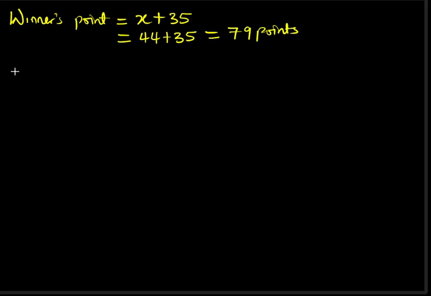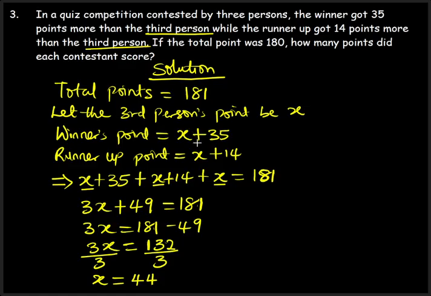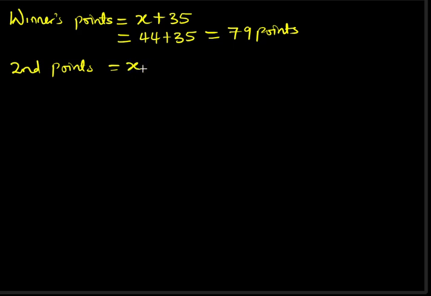Okay. The second point will be equal to what? What was the description for the second person? That's the runner-up, x plus 14.